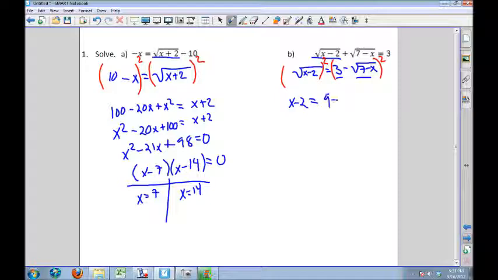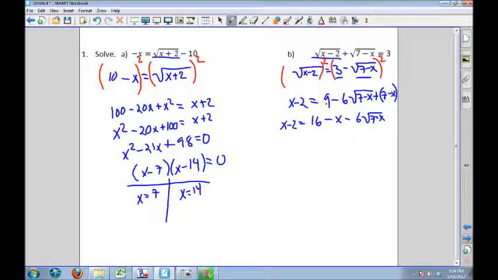I end up with 9 minus 6 square root of 7 minus x, plus the square root of 7 minus x squared, which is just 7 minus x. I'm going to combine all my like terms now. If I bring all of my constants together on the right-hand side, I end up with x minus 2 equals 9 plus 7, which is 16, minus x minus 6 square root of 7 minus x.